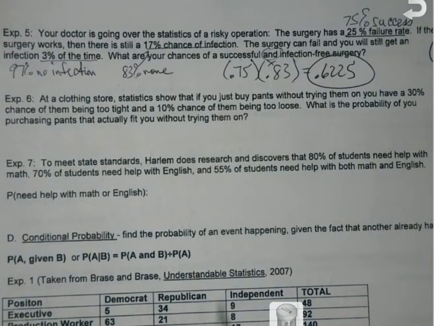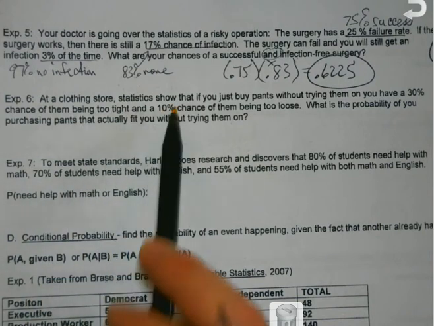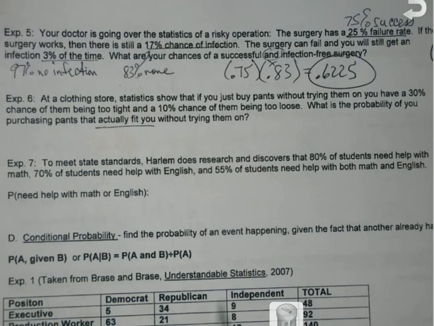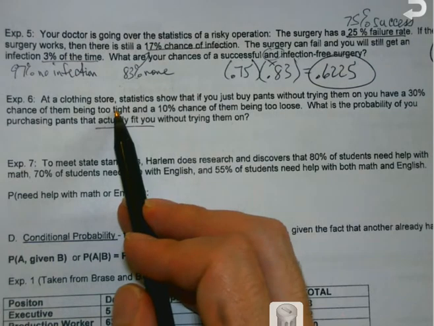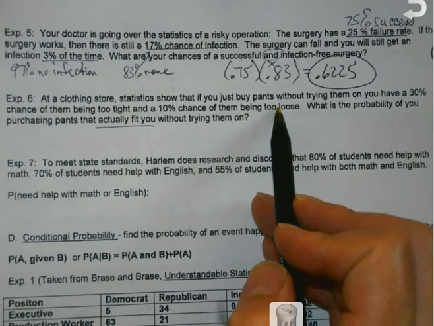Now sometimes it may be more straightforward. Example 6. Okay, clothing store. Statistics show if you just buy pants without trying them on, 30% chance being too tight, 10% chance being too loose. What's the probability you find pants that actually fit you? Well, let's see. Too tight, too loose, what's the only other option? Just right.